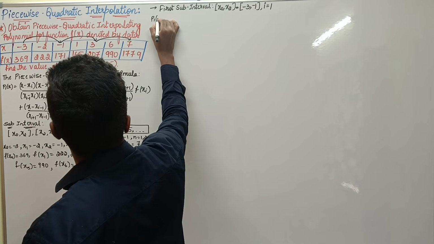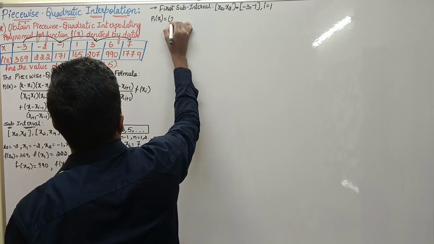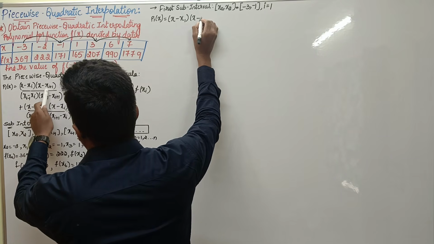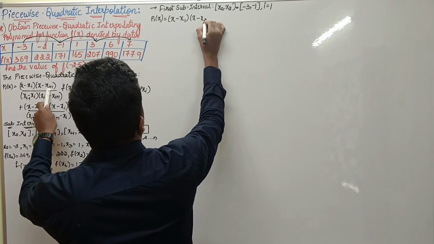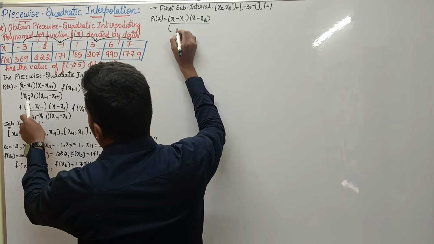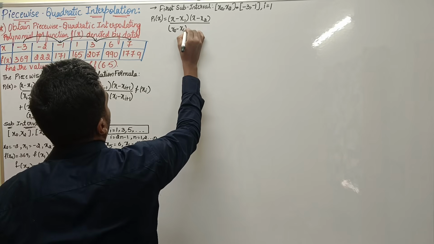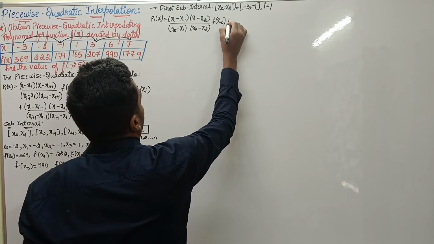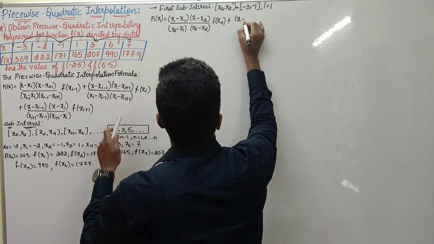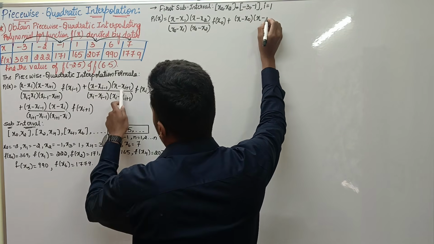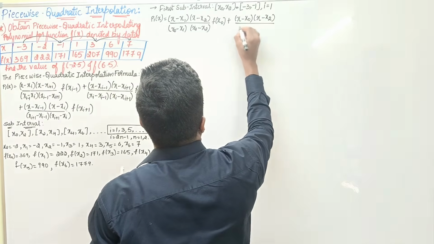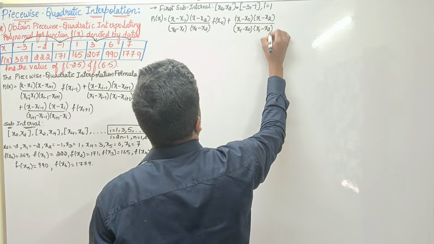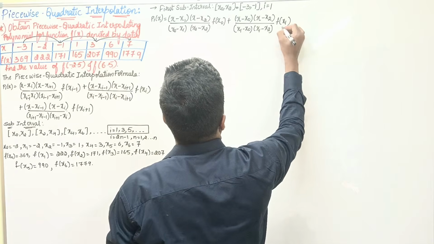Now p1 of x is equal to (x minus xi, that is 1) into (x minus x(i+1), that is 1 plus 1, 2), whole divided by (1 minus 1, 0) x0 minus x1, x0 minus x2, into f of x0, plus (x minus 1 minus 1, 0) into (x minus 1 plus 1, 2), whole divided by x1 minus x0, x1 minus x2, into f of x1.